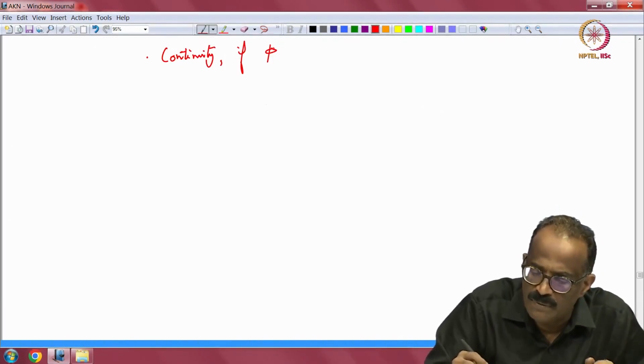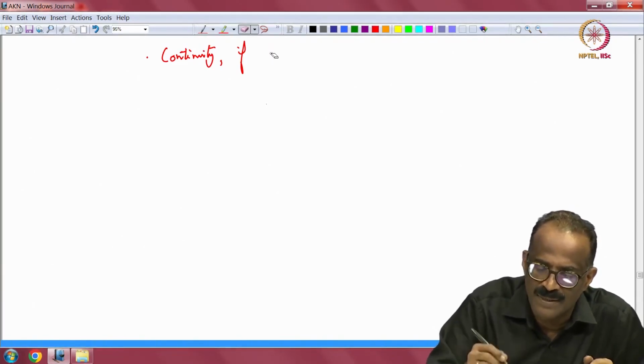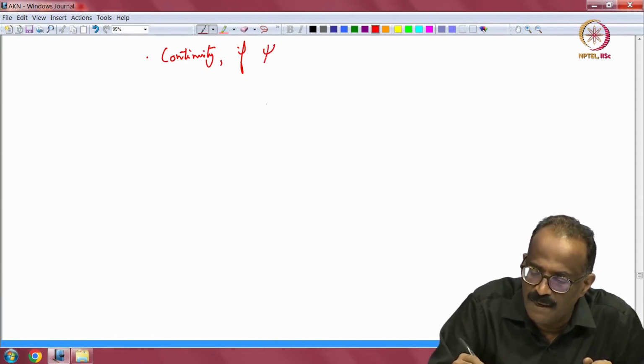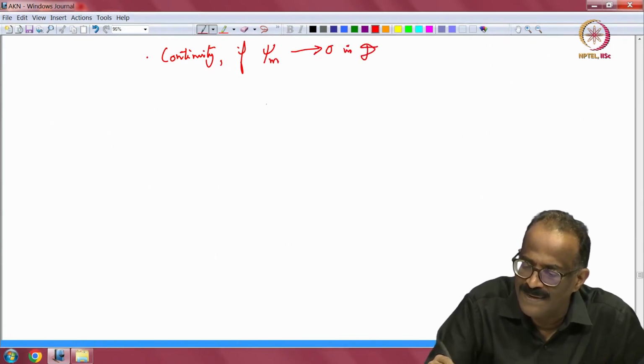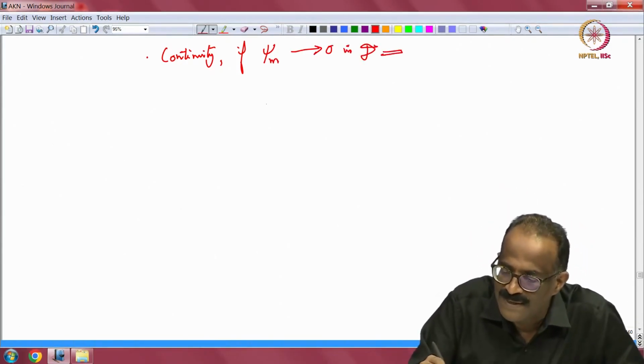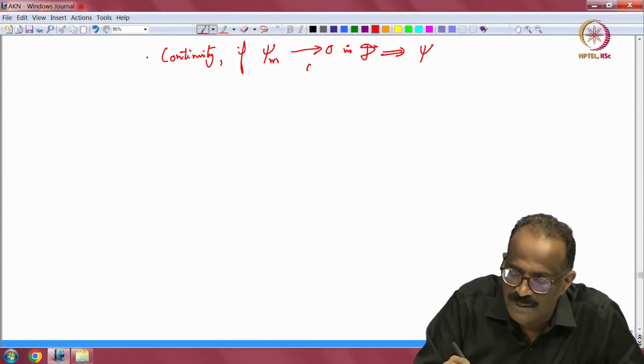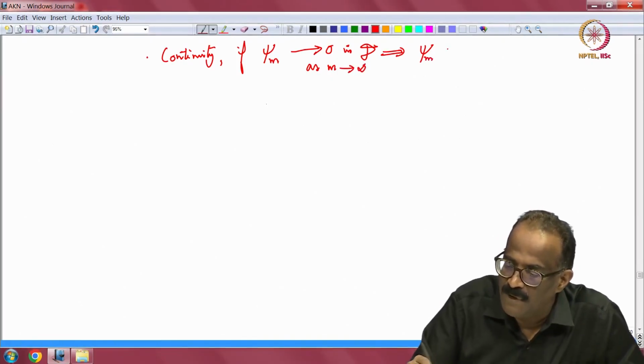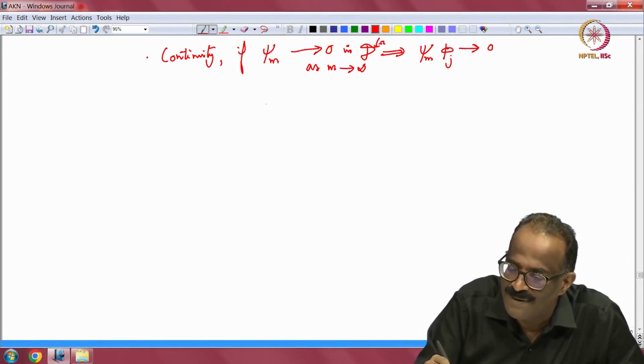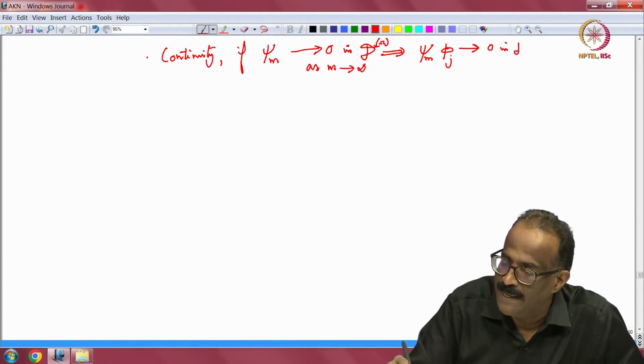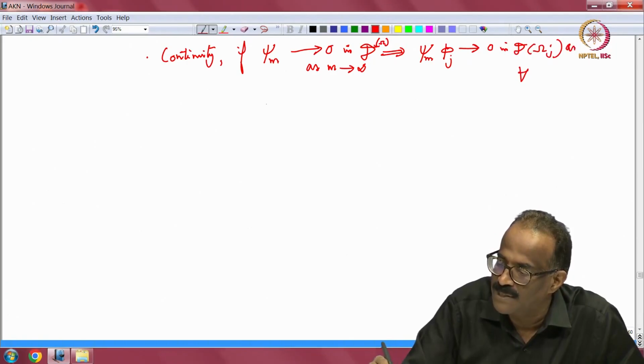If psi m goes to 0 in D of omega as m tends to infinity, write down your index properly, then psi m phi j converges to 0 in D of omega j for all j as m tends to infinity.